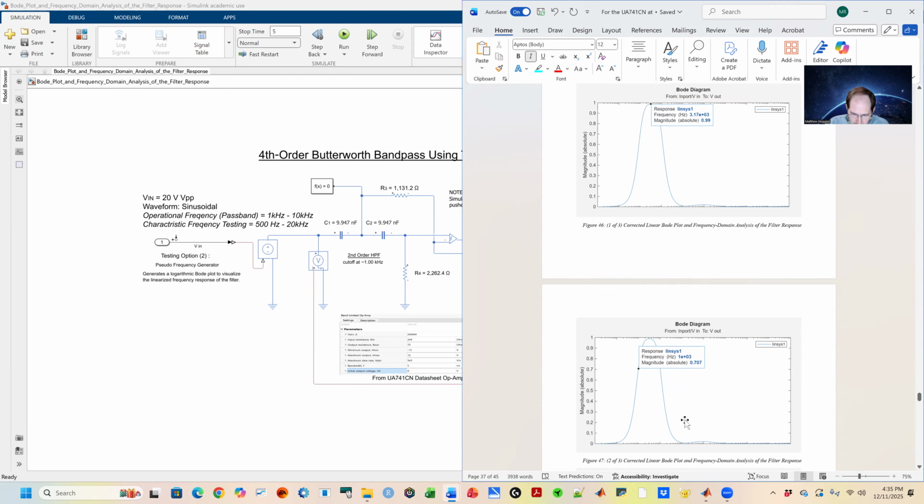The slope here shows how quickly the filter attenuates unwanted frequencies. So the greater the slope, the greater the attenuation.